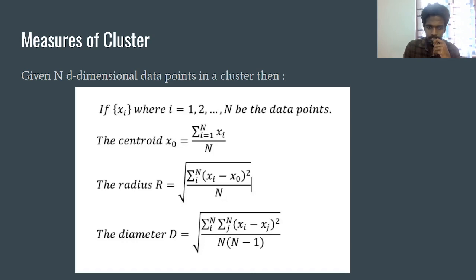The centroid x0 is the sum of xi for i equal to 1 to N, divided by N. The radius is the square root of the sum over i of (xi minus x0) squared, divided by N. The diameter is the square root of the double sum over i and j from 1 to N of (xi minus xj) squared, divided by N times N minus 1. Here, N is the number of points in the cluster, and xi is the ith point in the cluster.